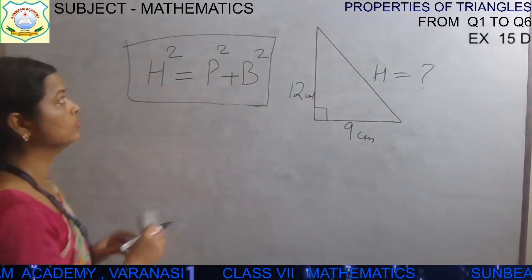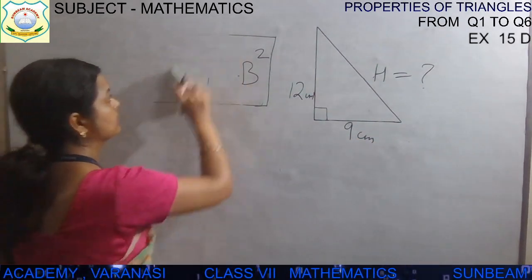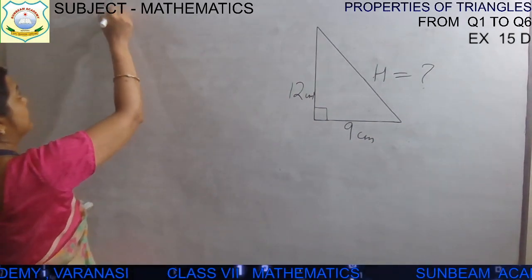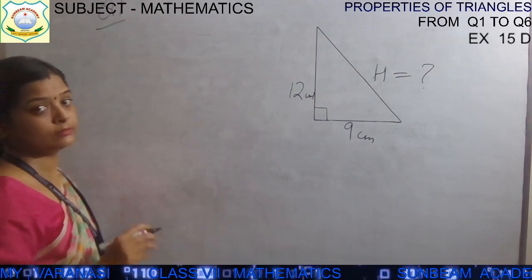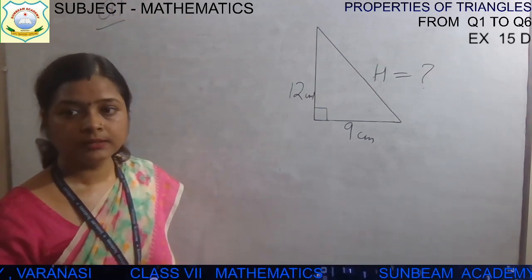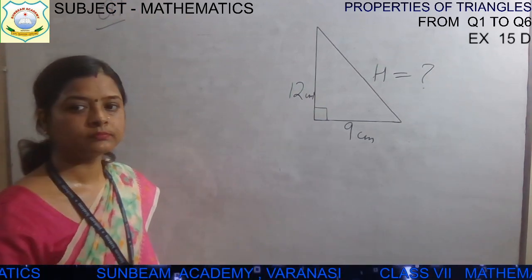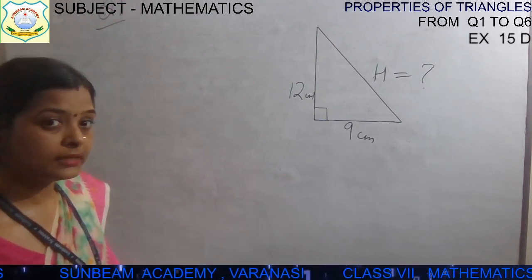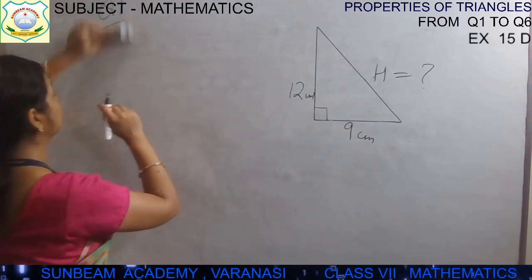So now you will write. You will start the question and write the question number 1, because we are doing 15th exercise. So let's start by writing the given. Question number 1.